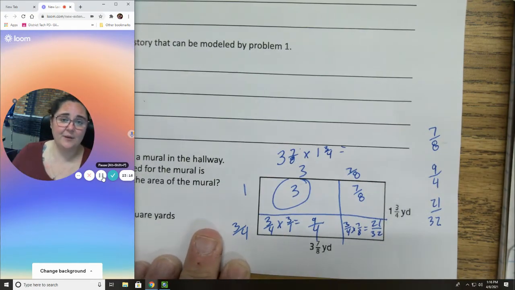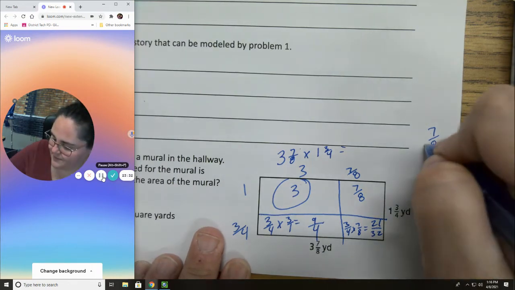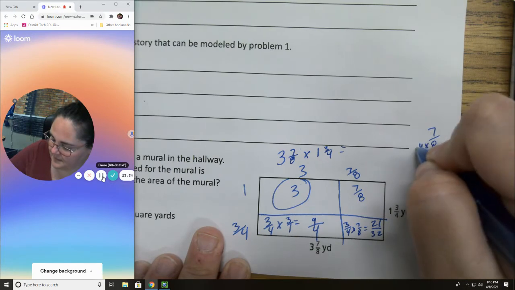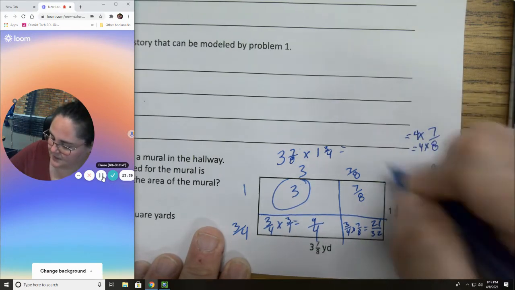I don't need to do anything with that number with the denominator, so I'm just going to leave it for now, and I will add it at the end. Okay? Remember, before I can add these together, I have to find a common denominator. And I know that 8 and 4 go into 32 equally. Right? So I'm going to multiply this by 4. And whatever I do to the bottom, I do to the top.